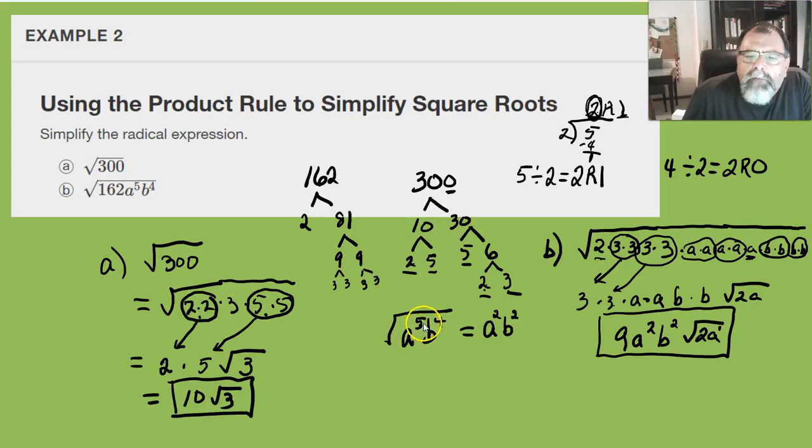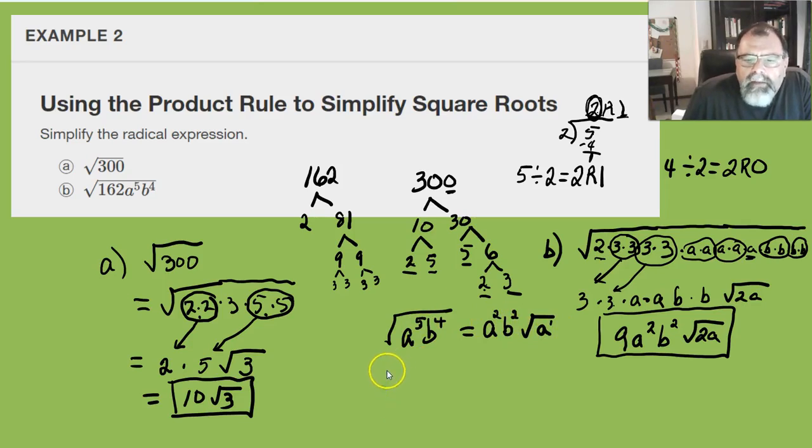And when we did 5 divided by 2, it was 2 remainder 1, so 1 a was left on the inside. And now, to simplify it, I wouldn't write that 1. So let me see if I can erase just that 1. I don't know if I can. There.